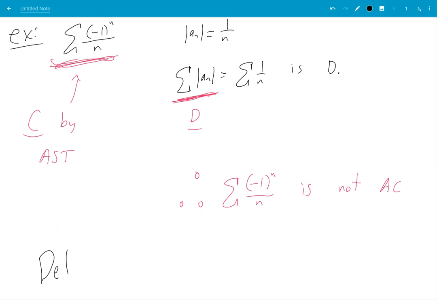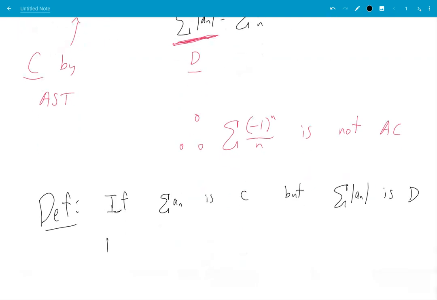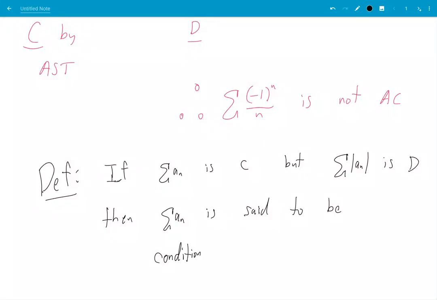So, definition: if the series is convergent, but the series of absolute values is divergent, then the summation of a_n is said to be conditionally convergent, CC.